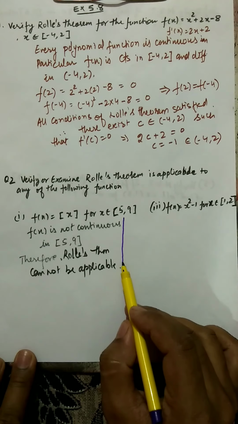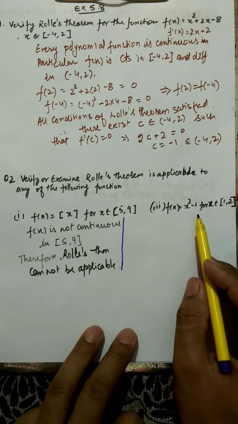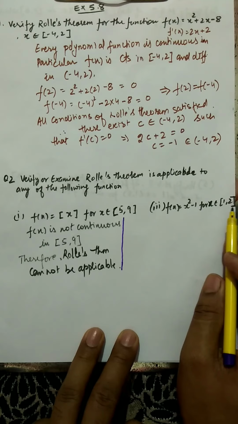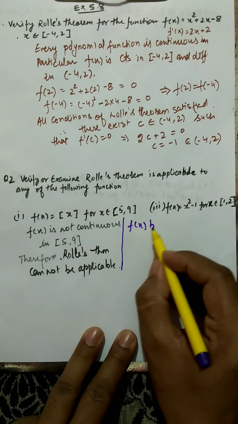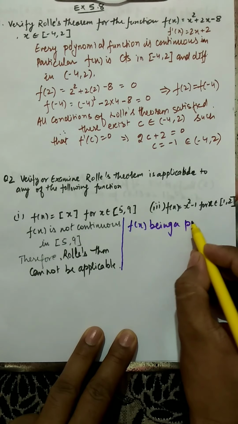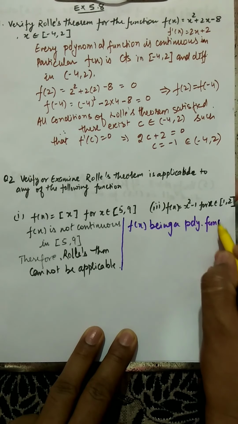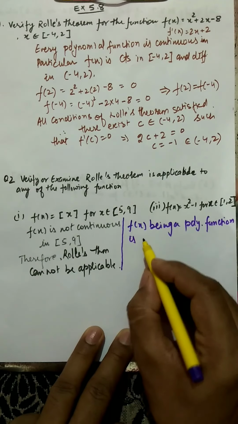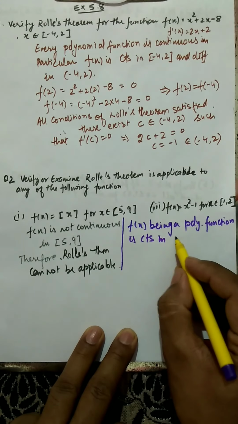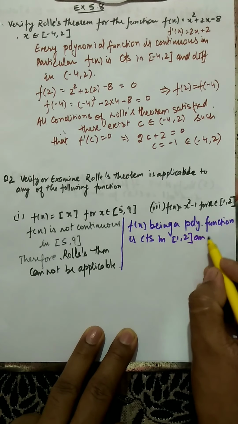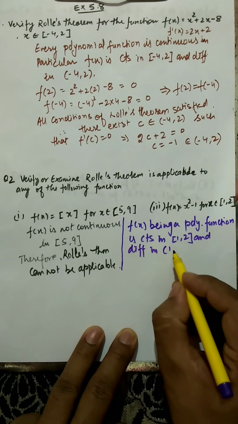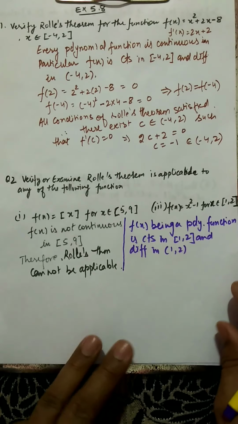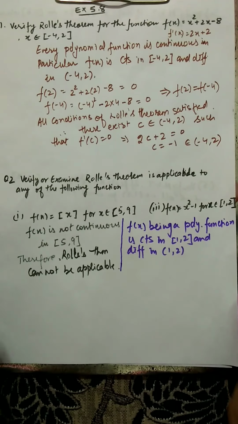The third part is f(x) = x² − 1, 4x belongs to [1, 2]. First, you can see that f(x), being a polynomial function, is continuous in [1, 2] and differentiable in the open interval (1, 2), because earlier we also discussed that all polynomial functions are continuous and differentiable.